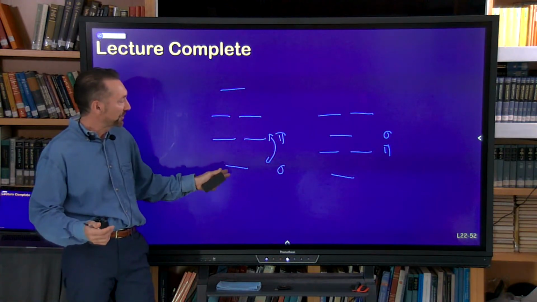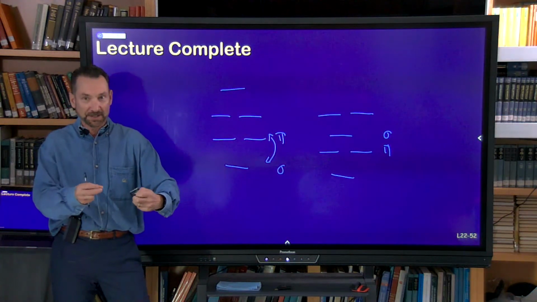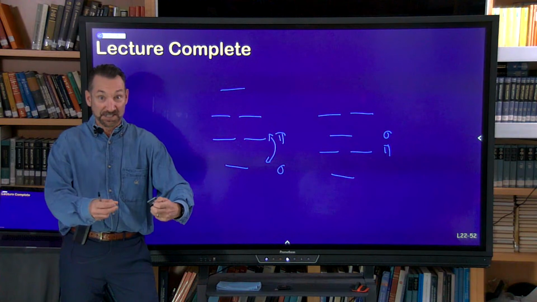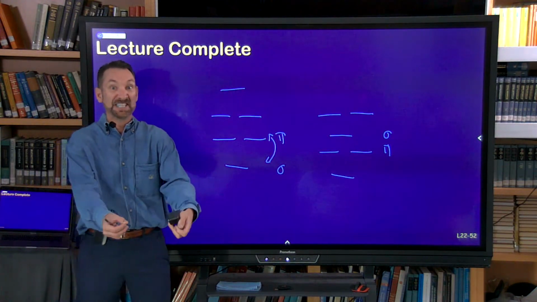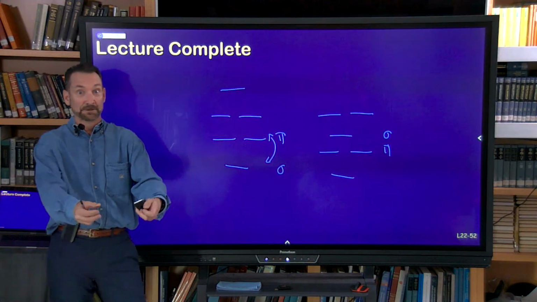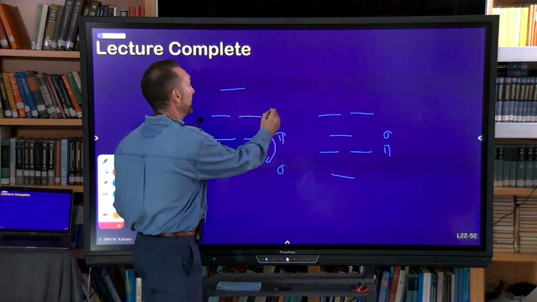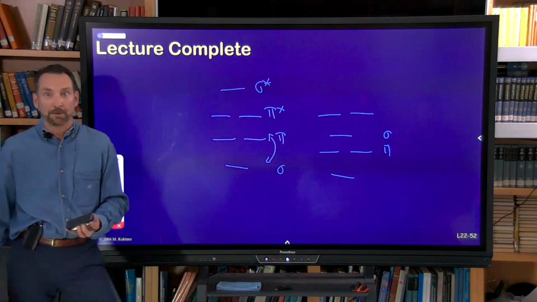The situation where a bond doesn't form isn't because you don't have enough electrons. It's that there are too many electrons in anti-bonding orbitals. So there are too many electrons destabilizing the bond. It's not the fact that there aren't any, it's the destabilizing ones in the pi star and sigma star antibonding orbitals.